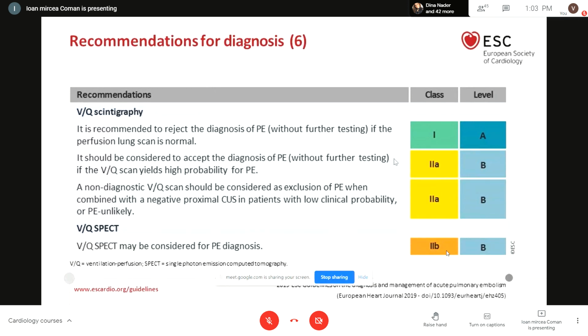So, due to what I told you before, scintigraphy is recommended to reject the diagnosis without further testing: if a perfusion scan is normal, then you can say, yes, this is not a thromboembolic event.